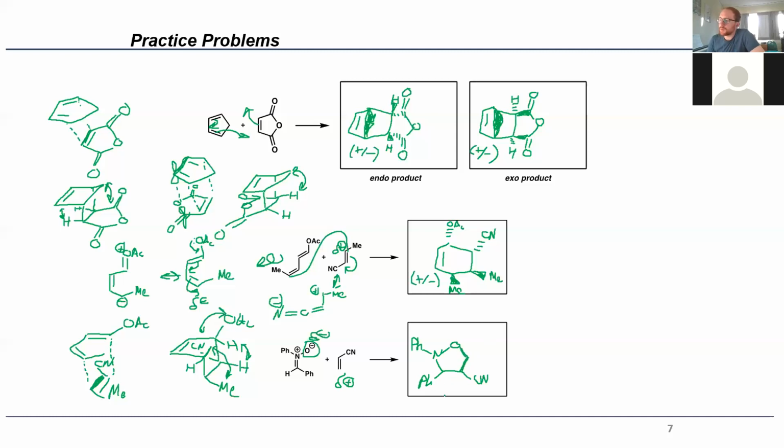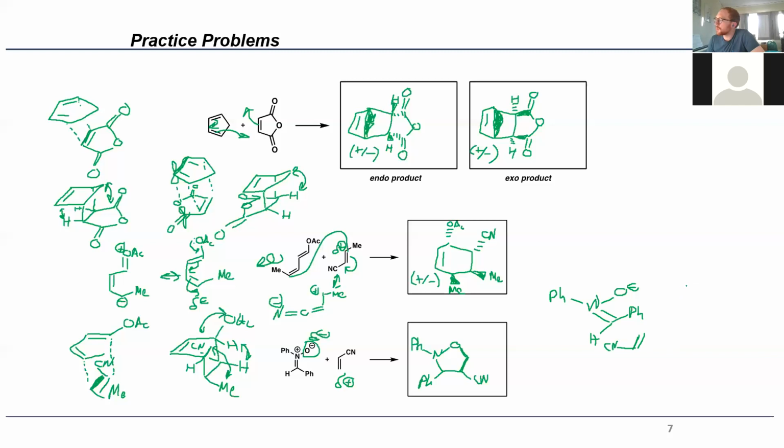And so now we should evaluate the relative stereochemistry of the phenyl group and the cyano group. And so we can draw a transition state here. Once again, the endo product will be preferred.